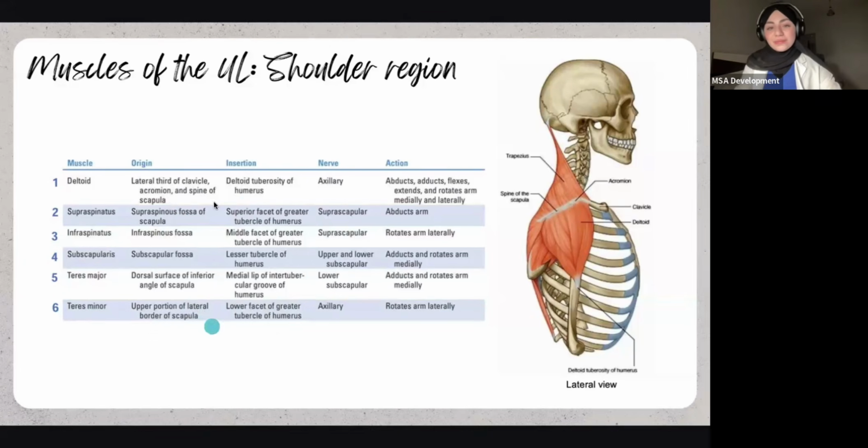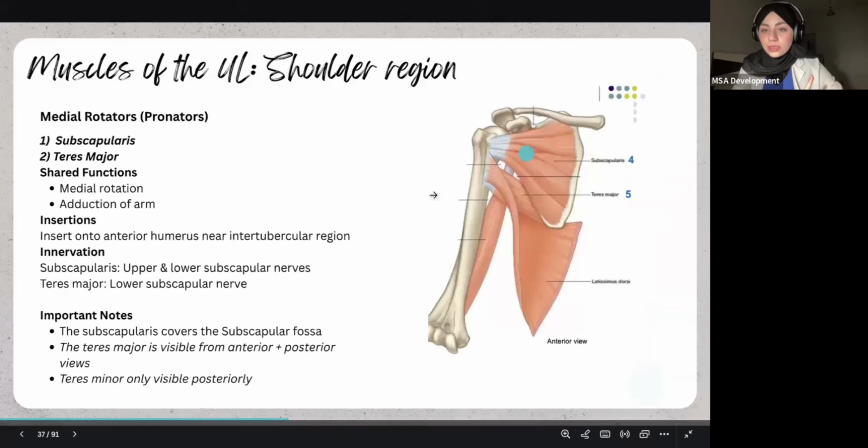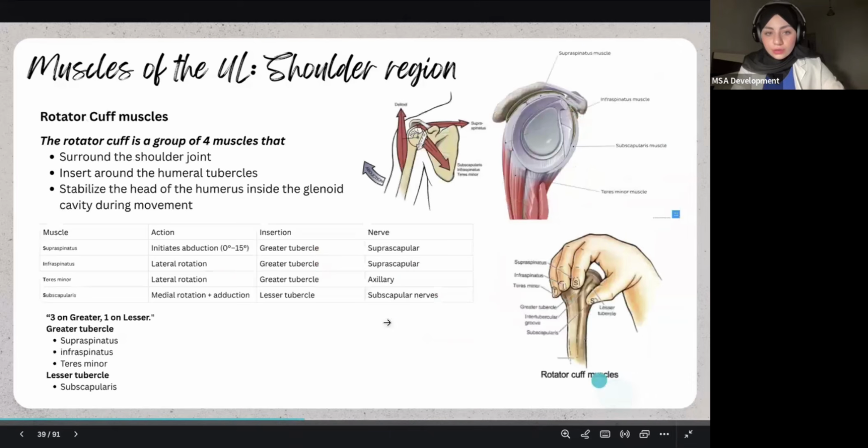I hope this made sense, but this is pretty much it. Just know where the muscles are. I don't think you have to know the origin and insertion exactly, but knowing them would be nice. It will help you with memorizing the actions. And please memorize the nerves. We're going to get to them on the brachial plexus. Pretty much it. Okay. Moving on.